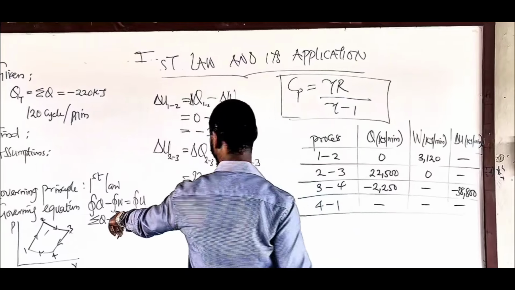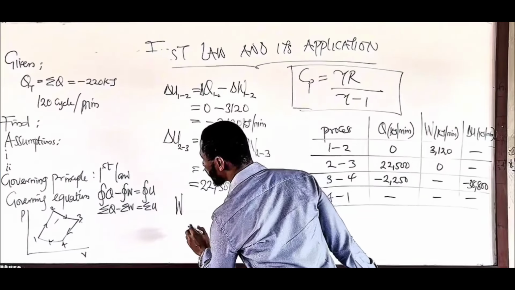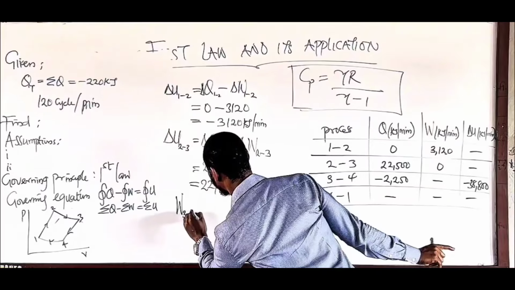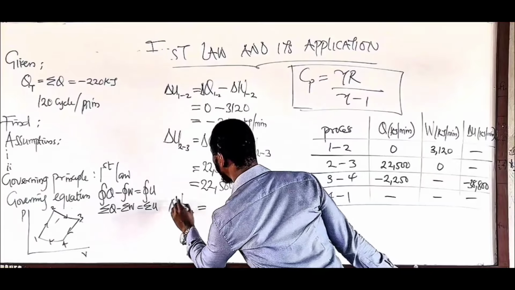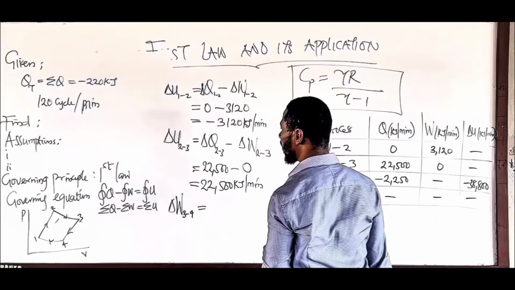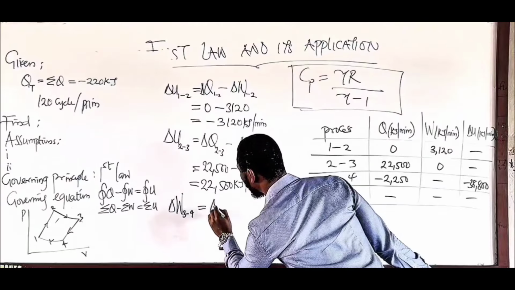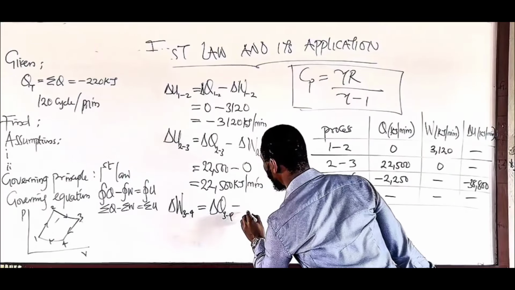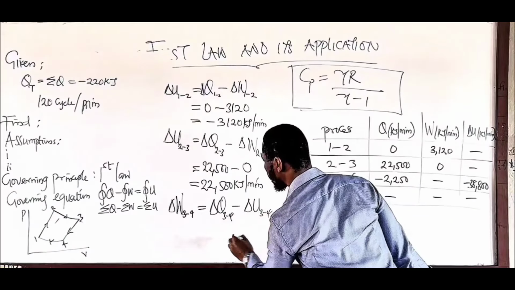Going back to the governing equation, change in W from state 3 to 4 equals change in Q from 3 to 4 minus change in U from 3 to 4.